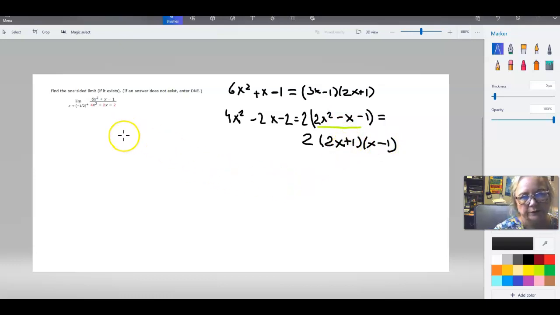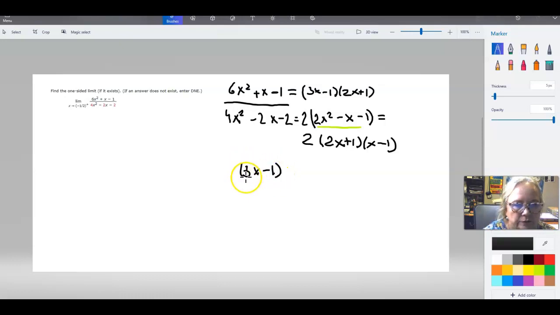Now let's look at the rational expression. Instead of 6x squared plus x minus 1 over 4x squared minus 2x minus 2, we can write the same expression as 3x minus 1 times 2x plus 1, so numerator and denominator in factored form, over 2 times 2x plus 1 times x minus 1.